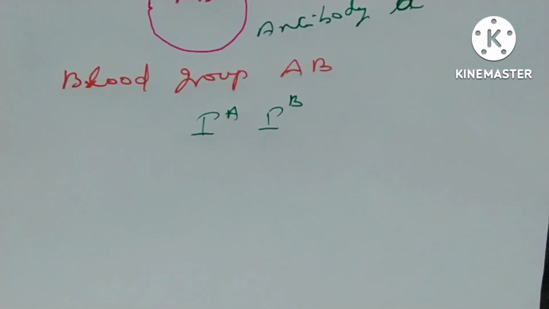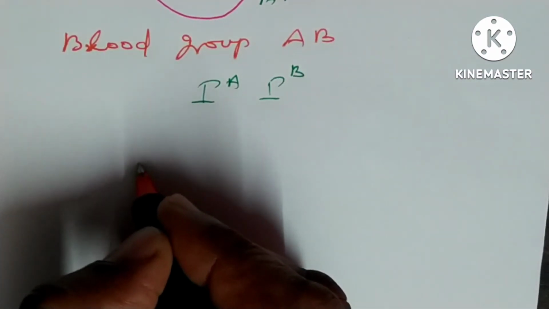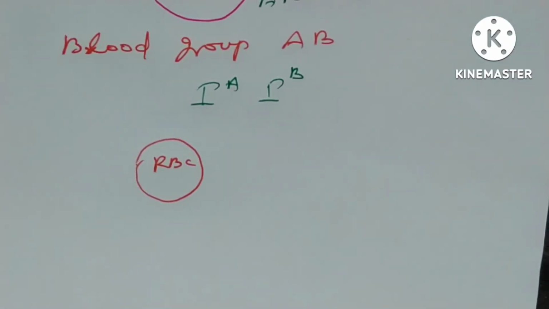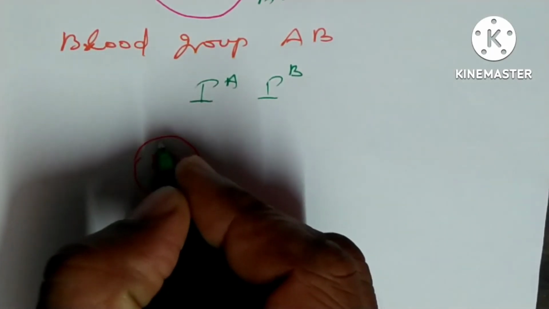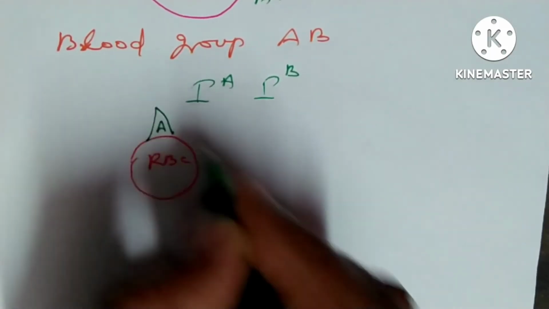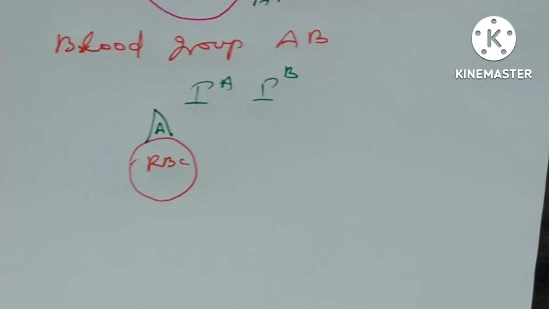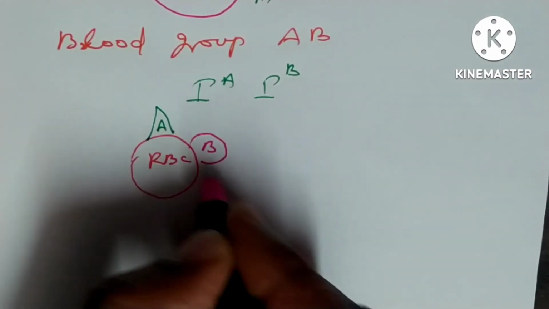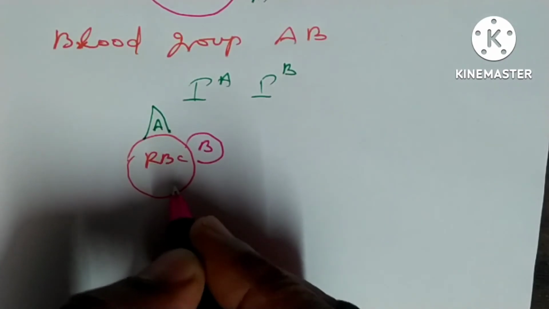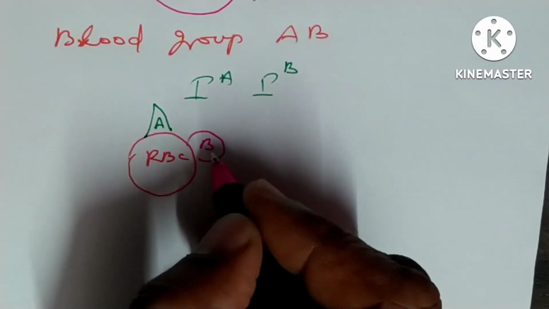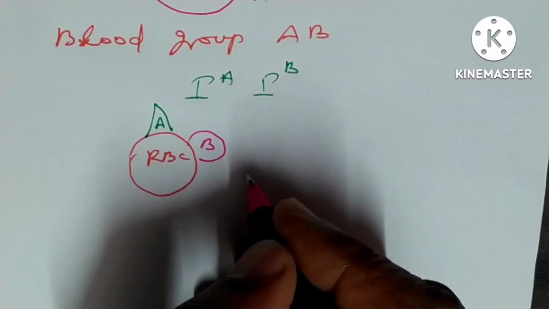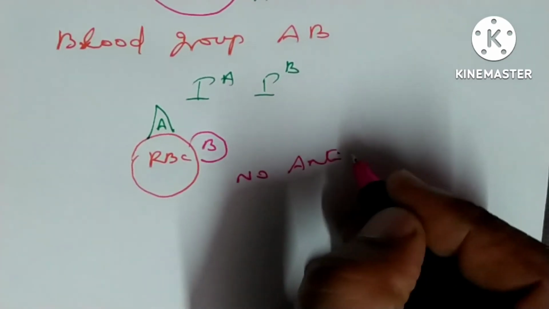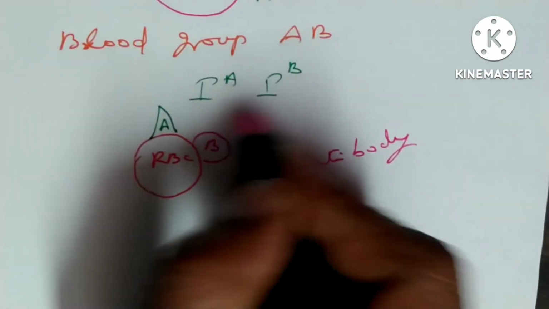On the RBC surface there are 2 antigens, one is A and another one is B. These are the 2 proteinous antigens on the surface of the RBC, but his plasma does not possess any antibody. No antibody. These are the codominant alleles.